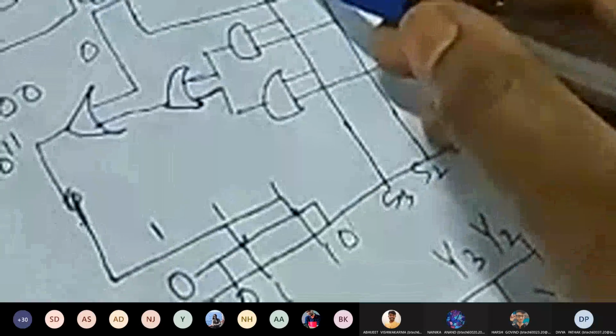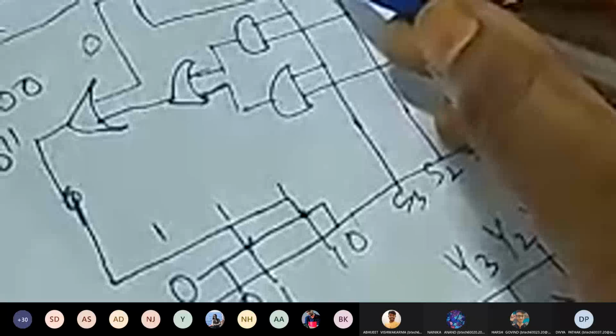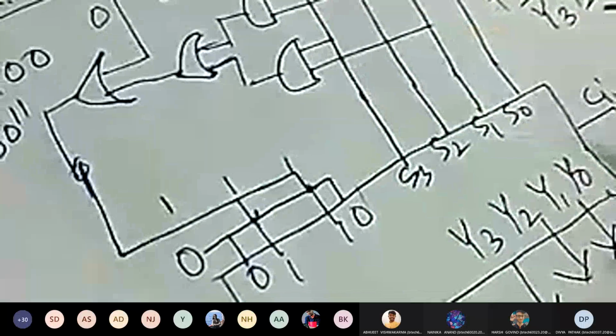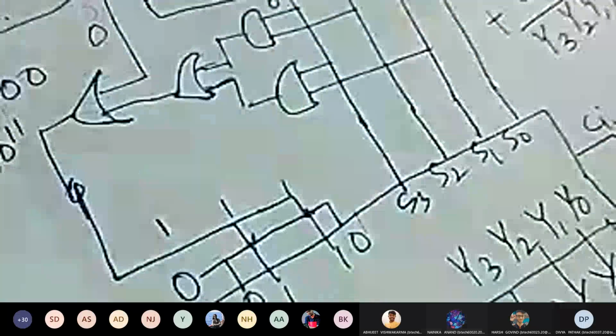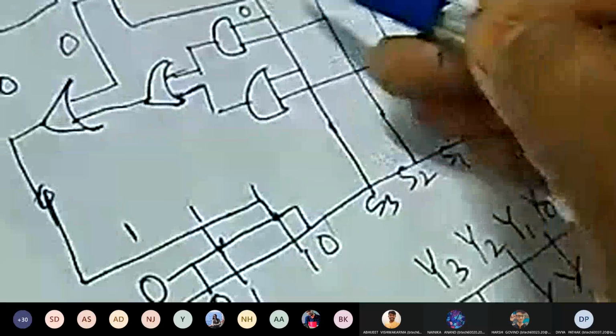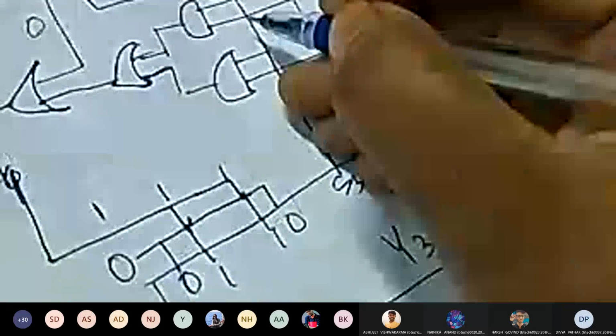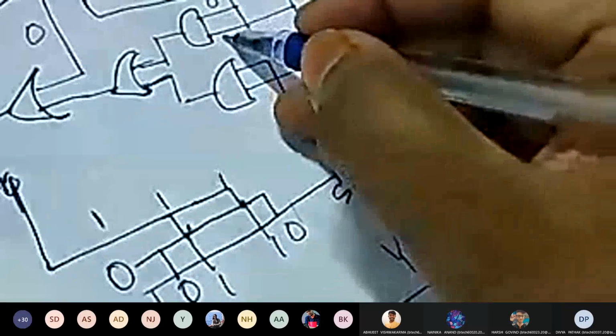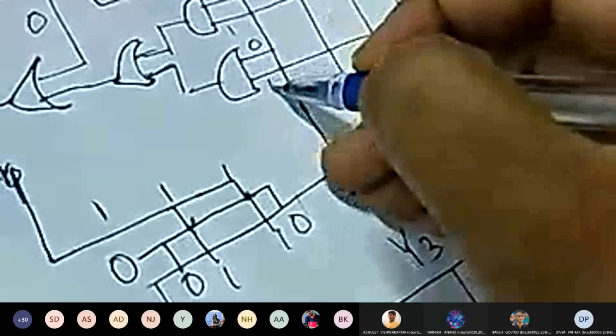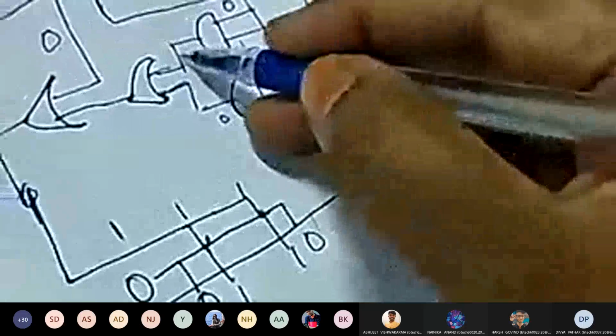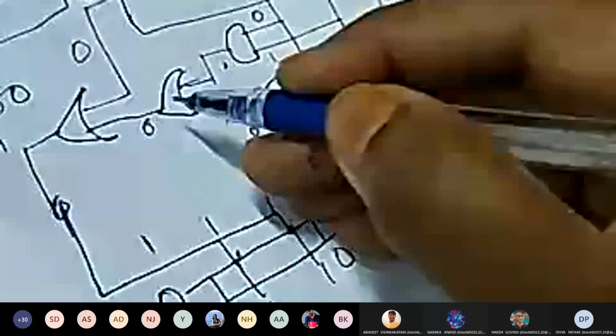Now you see S3 into S2, 0 into 1 is how much? 0. So you are getting 0 here. Here also 0 and 1, so that will also become 0. So 0 plus 0 is 0, and carry is not generated, so 0 plus 0 is again 0.